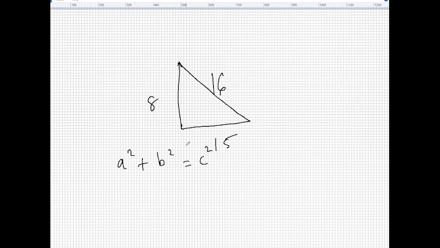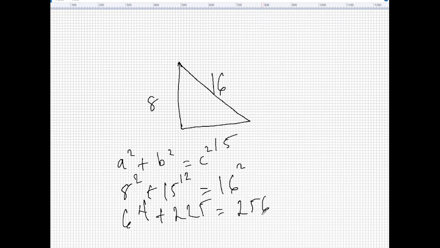We're trying to find out if this is a right angle triangle by using Pythagoras theorem. So substitute: 8 squared plus 15 squared is supposed to be equal to 16 squared if this is a right angle triangle. So 8 squared is 64, 15 squared is 225, and 16 squared is 256.